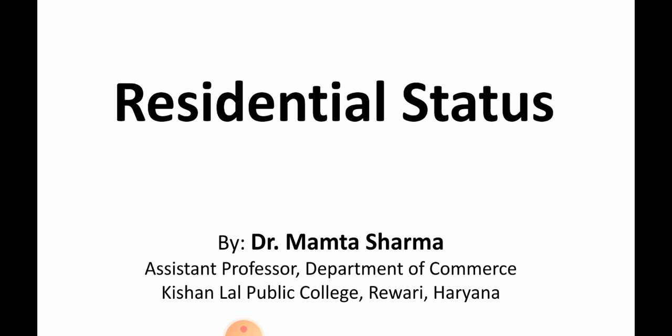As in our previous two lectures, we made it very clear that there are three type of residents, like ordinarily resident, not ordinarily resident and non-resident. So in this lecture, we will start with the scope of total income on the basis of these different residences, or simply known as incidence of tax.